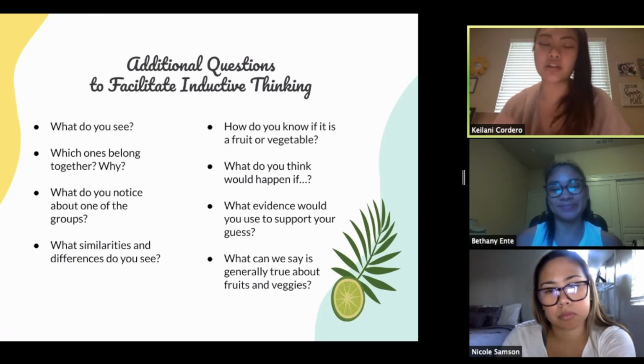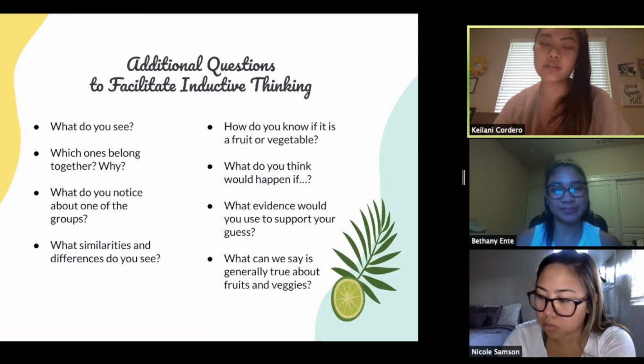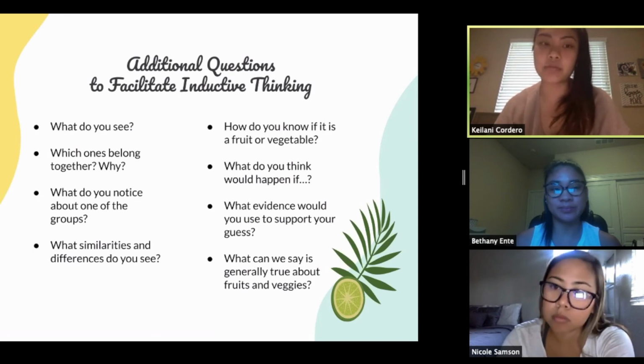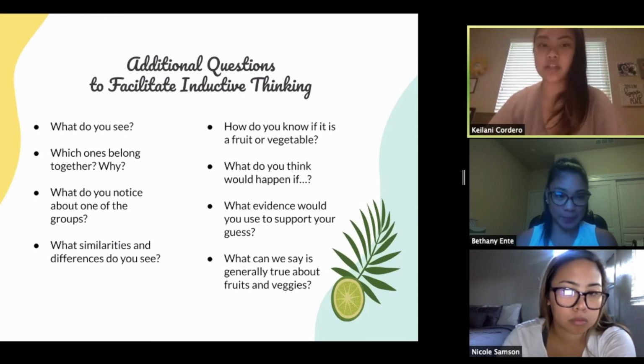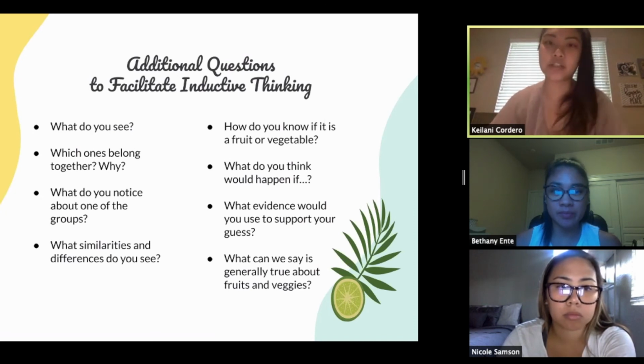So these are all examples of open-ended questions that get students thinking about those generalizations that they can make and apply for resorting and making new groups. And that's the goal of this model, for students to make those generalizations on their own. And these questions and also the sentence frames help lead them in that direction.